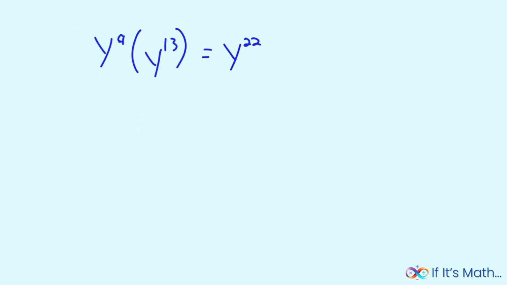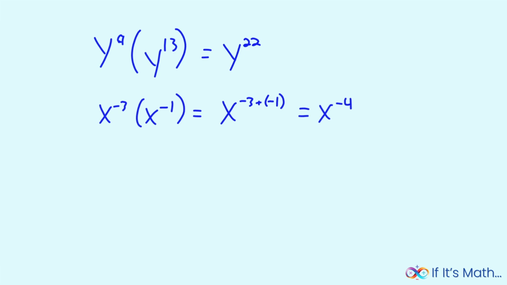So the thing about this is that it does apply to both positive and negative exponents. So if you have x to the negative 3 times x to the negative 1, that's going to be x to the negative 3 plus negative 1, which will give you x to the negative 4.